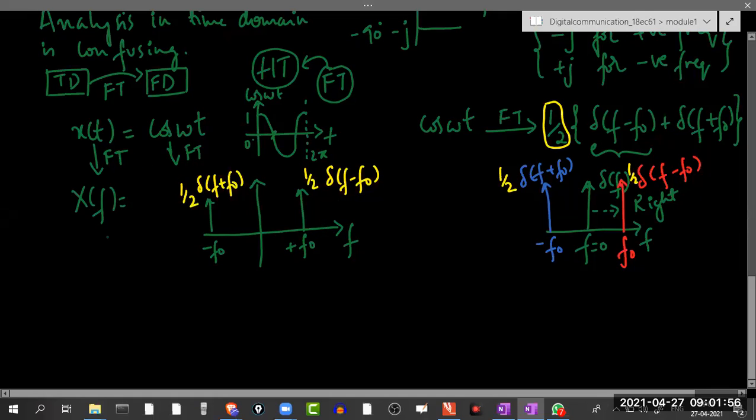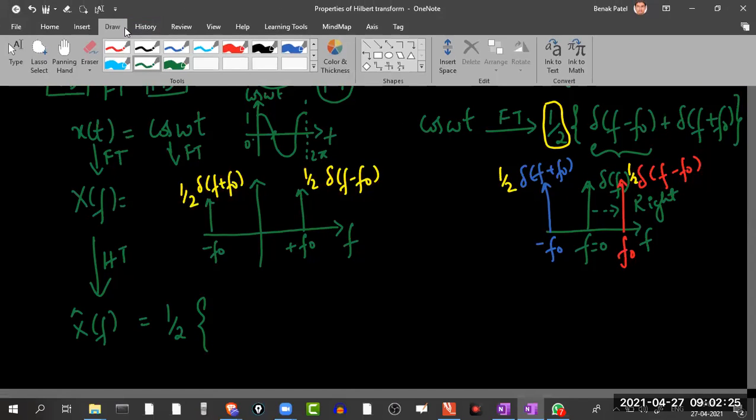So we know this. Now to this, if I apply the Hilbert transform, so initially we had applied the Fourier transform, after that let's apply the Hilbert transform such that I'll get x cap of f. Now what is this x cap of f equal to? Anyhow, half I'll write as it is, the starting part, because that is a constant. Then the next thing that I'm having here is delta of f minus f naught. What is the frequency associated with this?